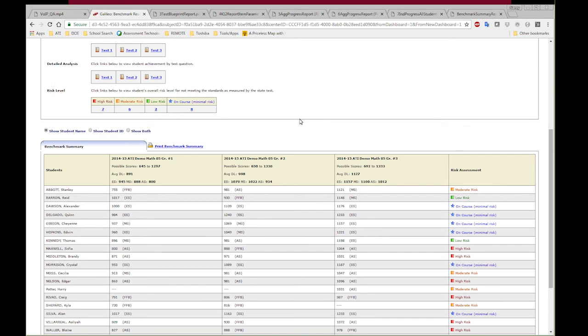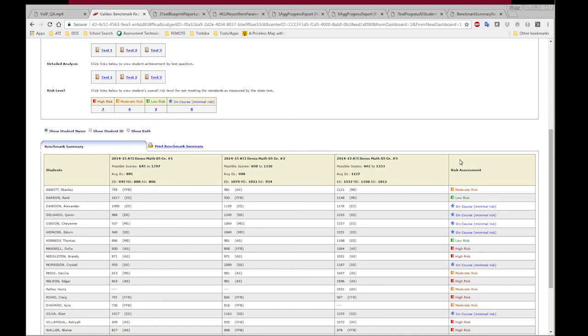And now you can see exactly what the cut scores were for passing. So 888, 1022, and 1100. And for each student, you see how they performed with their DL score. And hovering over each DL score will show you the raw score.